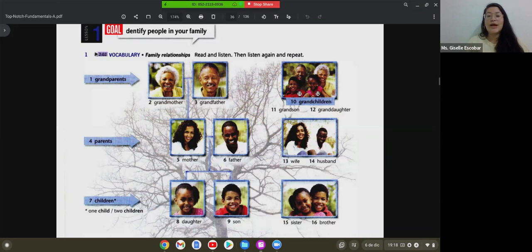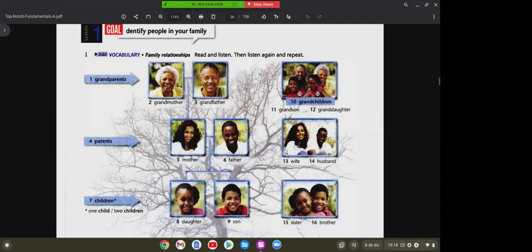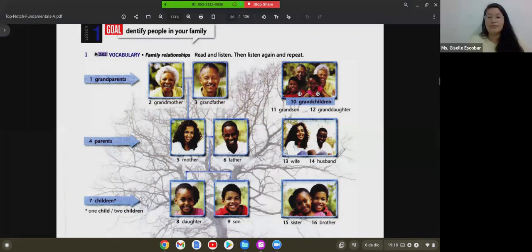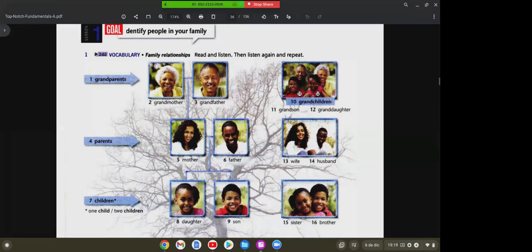Grandparents. Grandmother. Grandfather. Parents. Mother. Father. Children. Daughter.